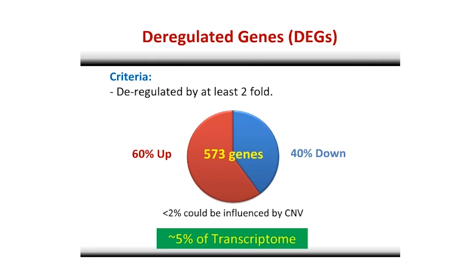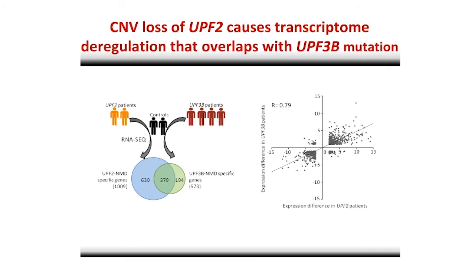As I mentioned, this was for the individuals that had alterations in UPF3B, but we also had individuals that had copy number loss in UPF2, and we wondered whether there was a shared signature in transcriptome changes between these two different groups of individuals that both had deficiencies in the NMD pathway.